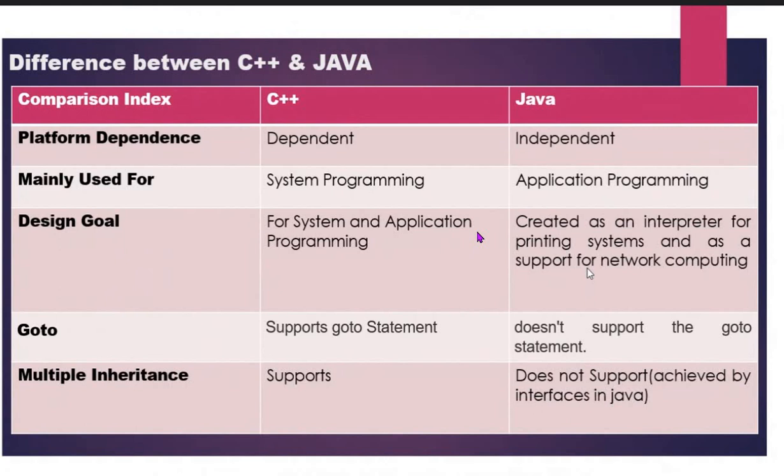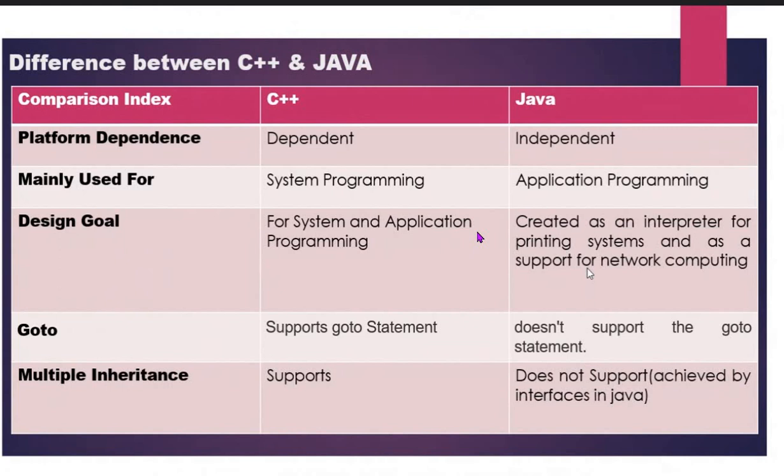So in Java there will always be an interpreter which interprets the bytecode, converts it to the operating-system-specific form, and then runs it there. That is why it is created as an interpreter.